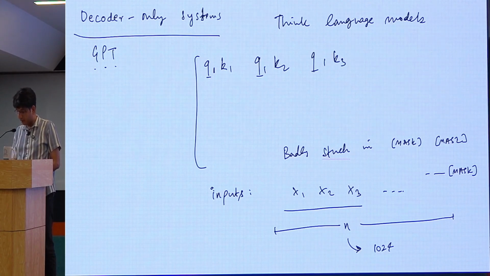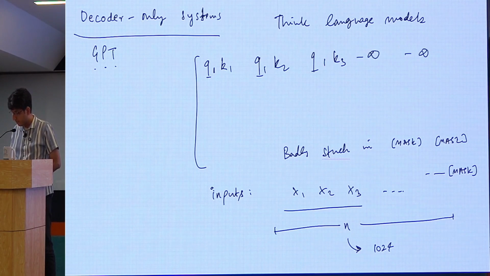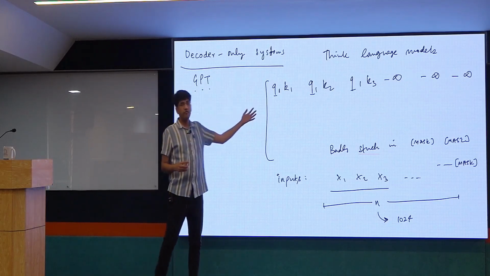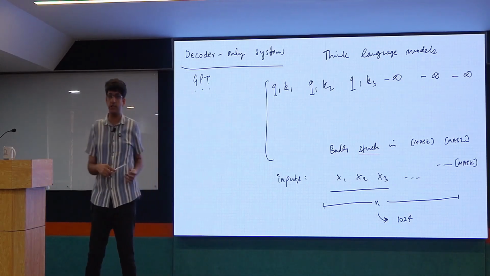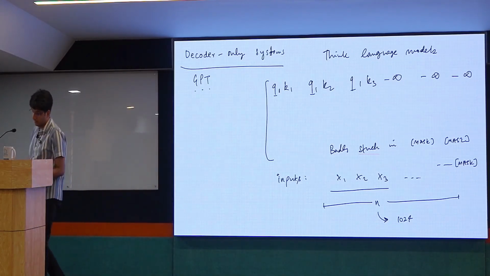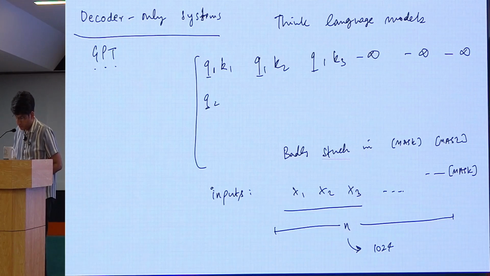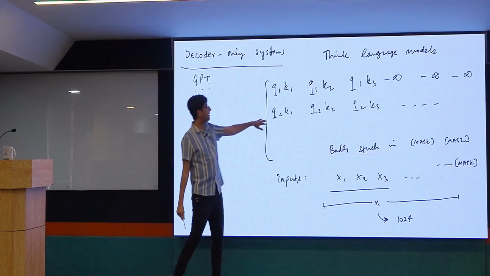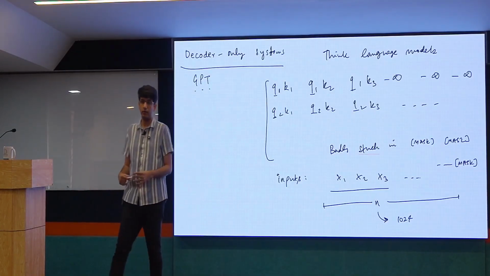But here there are only 3 words, right? So you set the rest to negative infinity. Why do you need to do that? Because after you do softmax, that value will just vanish. Similarly, Q2 with K1, Q2 with K2, and so on. These are all negative infinity because the second query cannot attend to the fourth word that does not exist right now.